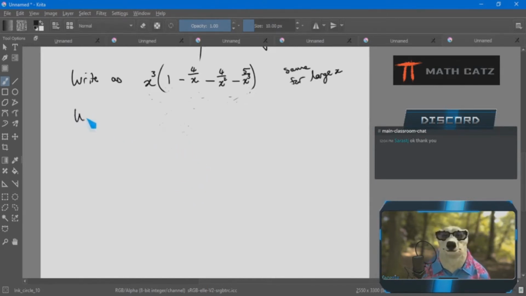So now the question is, how do these pieces that make up this function behave as x gets large? That is the question.